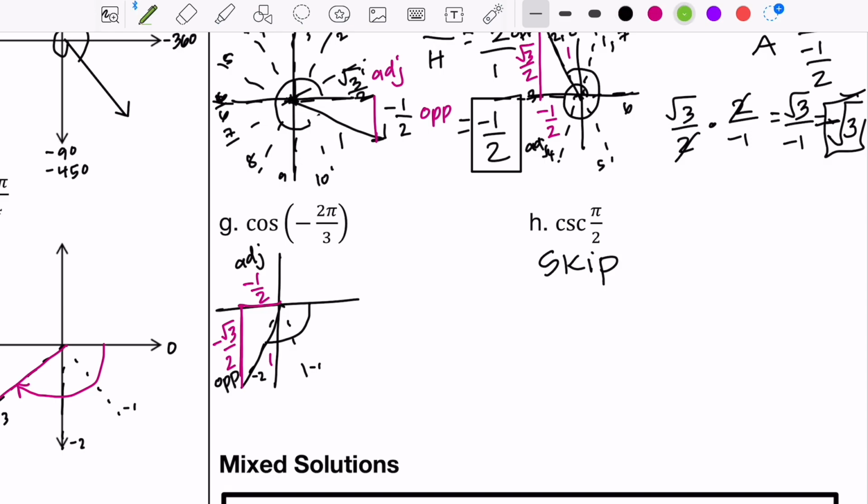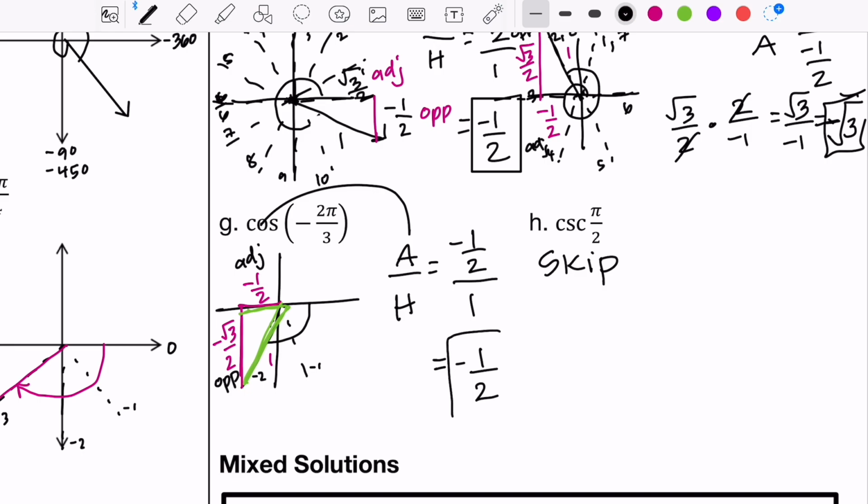Again, just in case you didn't see that, that's because this is our angle that we're referencing here. And then cosine is adjacent over hypotenuse, which is -1/2 over 1, which gives me -1/2. And that's it.